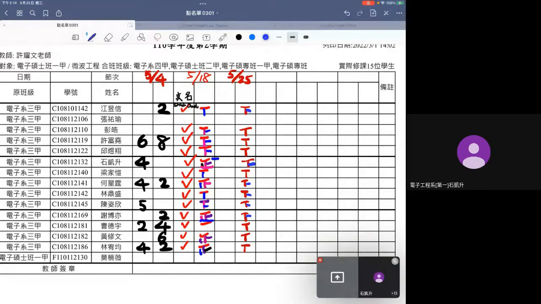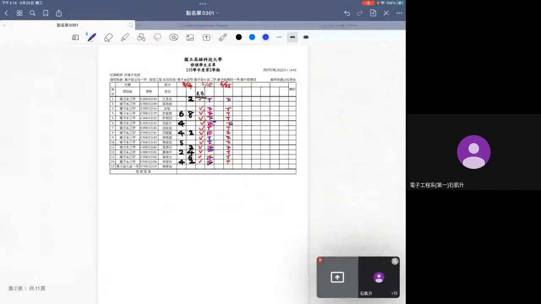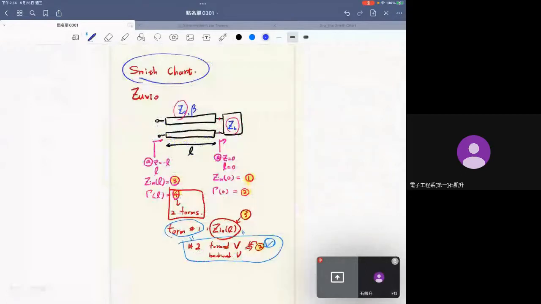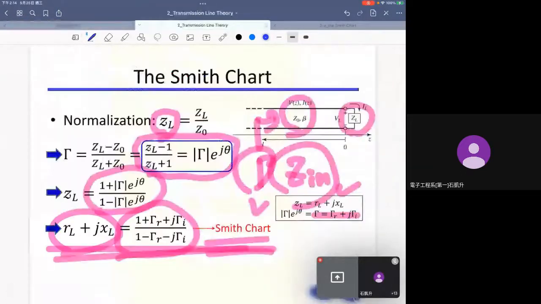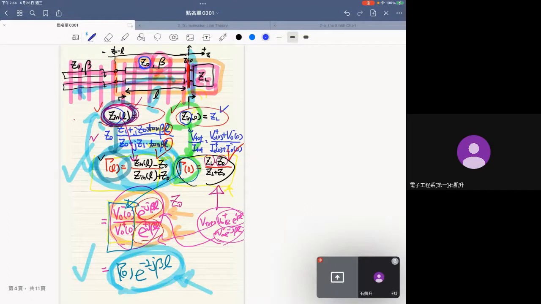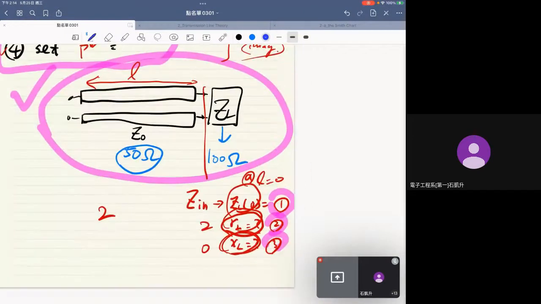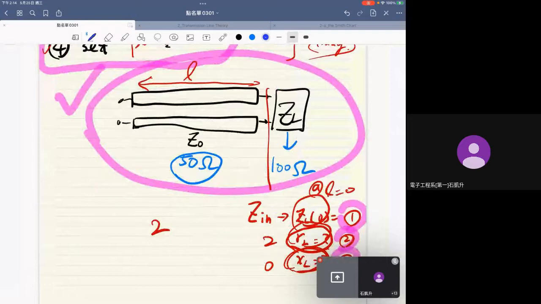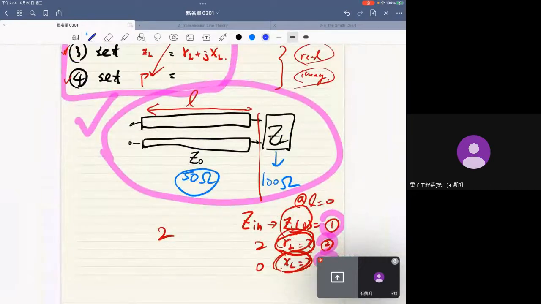Okay, so this is the starting point. If this is 100 ohm and connects with a 50 ohm high frequency transmission line, okay?